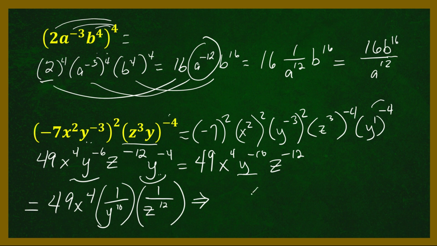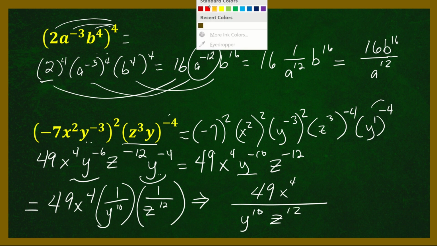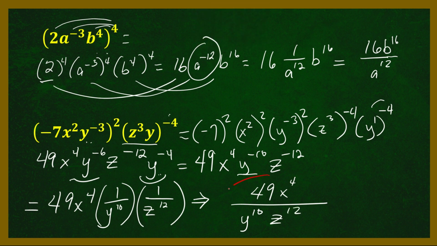So in our numerator we have 49x to the 4th over y to the 10th times z to the 12th. And this is our final answer.